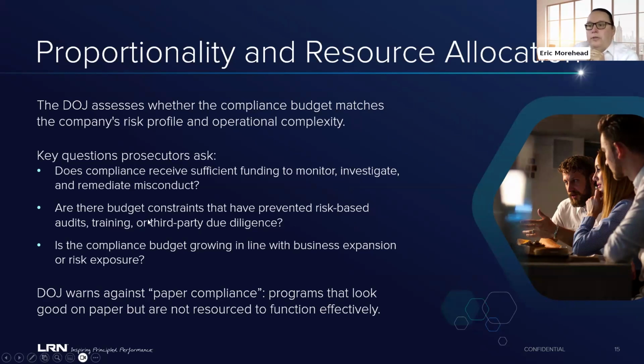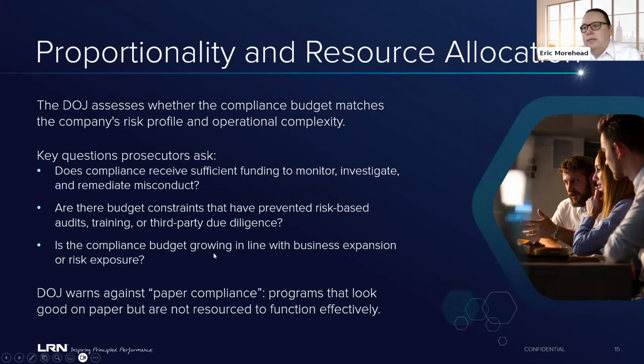Again, because this comes out of the fraud section, the focus often goes towards third-party due diligence and comes out of the anti-corruption context. But I think that's still valid for organizations, even if anti-corruption is not a top, blinking red risk for your organization, to still consider third-party risk just generally.